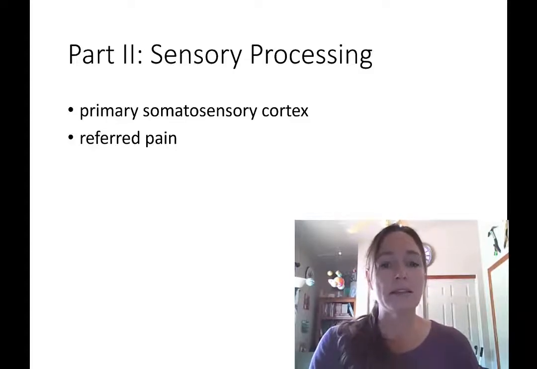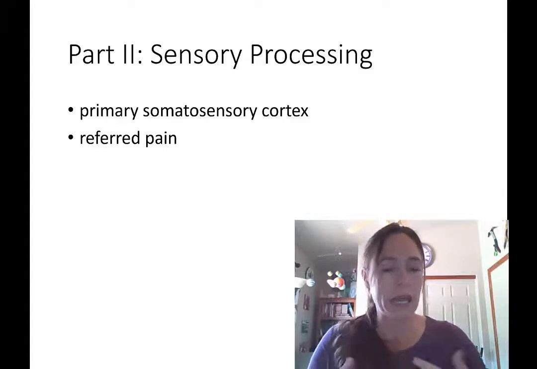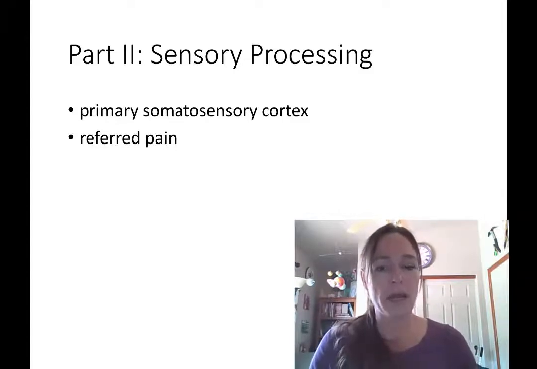Referred pain is pain from your organs. We do not have our organs mapped out very well in our brain. So when there is some sort of damage to an organ or one of your autonomic parts, meaning the parts you can't control, that pain piggybacks on other sensory pathways.